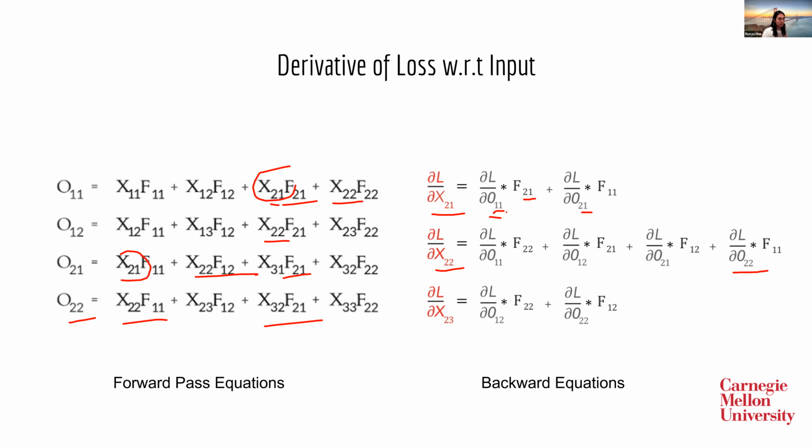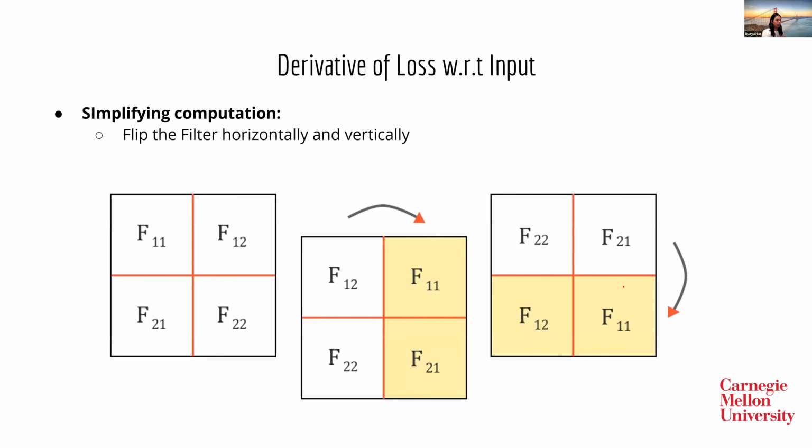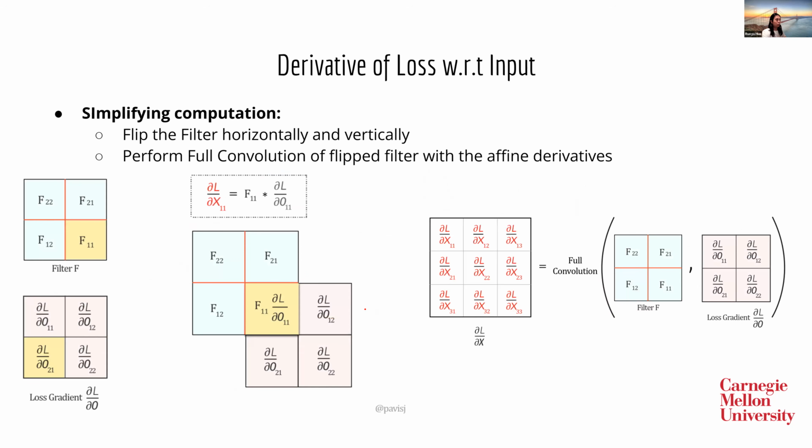So when you consider the top left value of this affine derivative map, you are multiplying by the bottom right value of this filter, and you can discover this pattern in every backward propagation in the input derivative calculation. So in order to simplify the calculation, we can simply flip the filter horizontally and vertically.